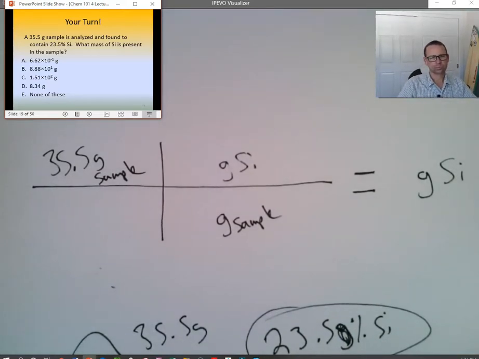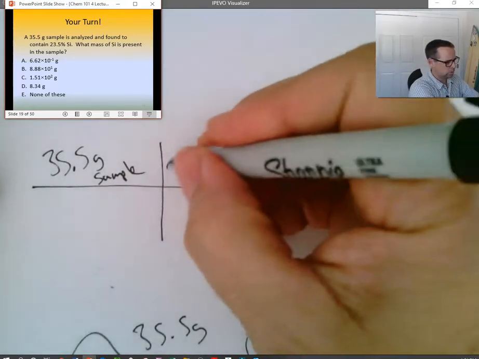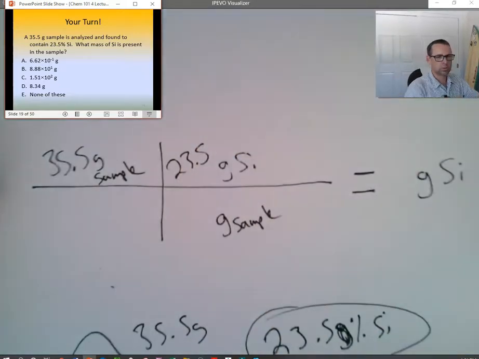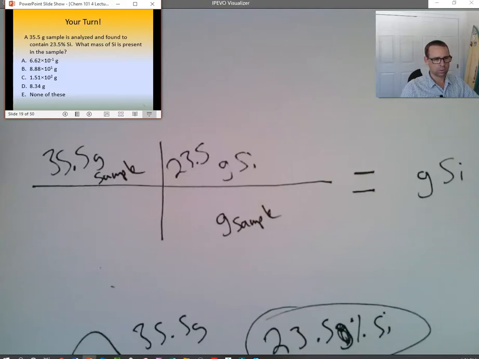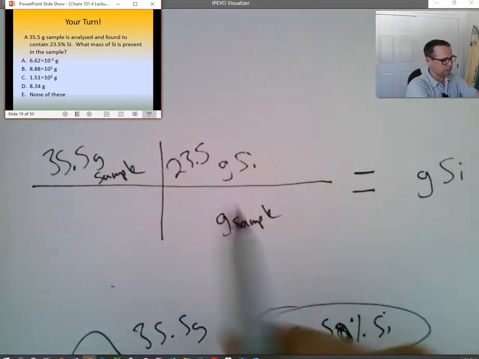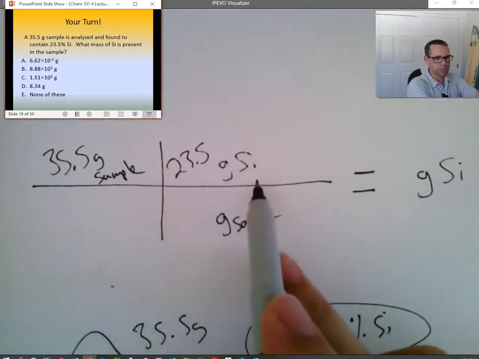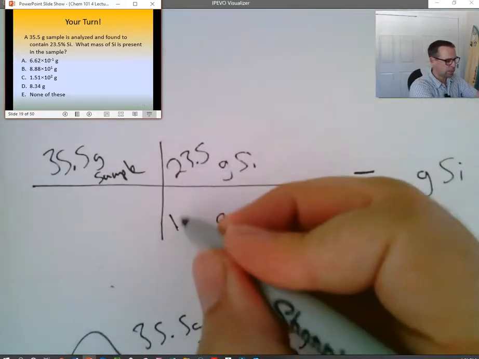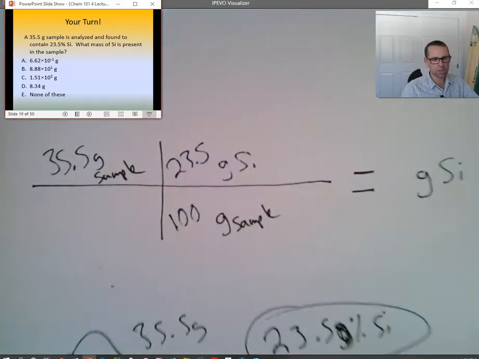Yeah, so we would put that on top, the 23.5 grams of silicon, over the total 100 gram sample.